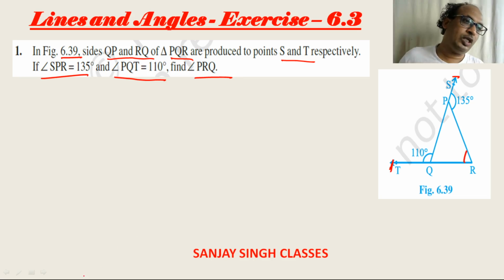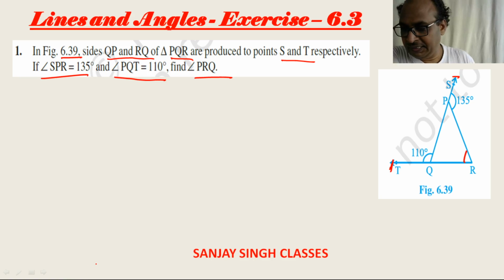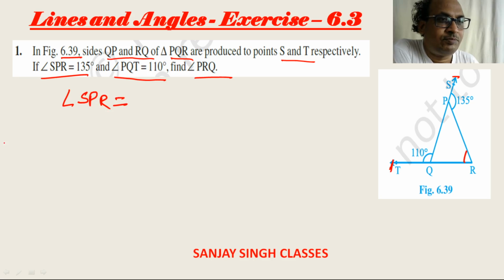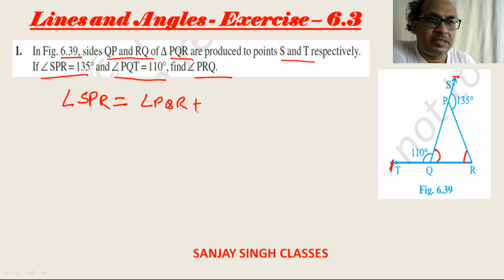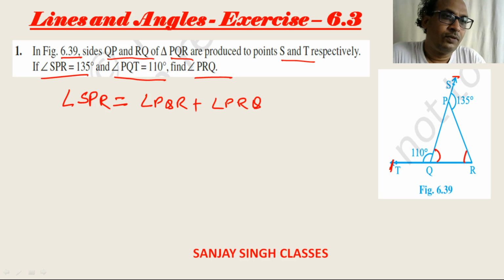Right? Okay. So in this case, how will we be able to find it? So we can say that angle SPR, which is the exterior angle, will be equal to the sum of this angle PQR plus angle PRQ, right?